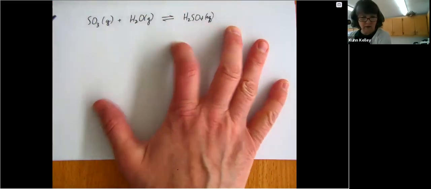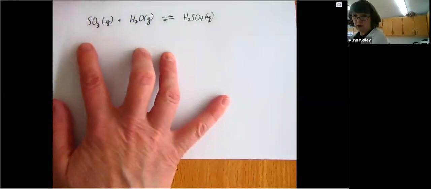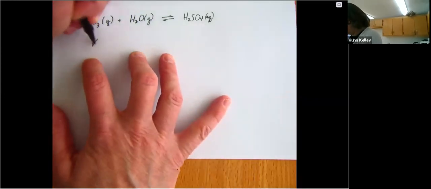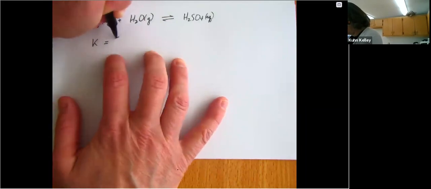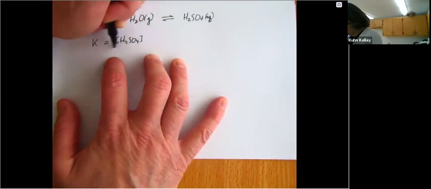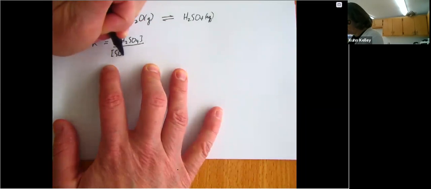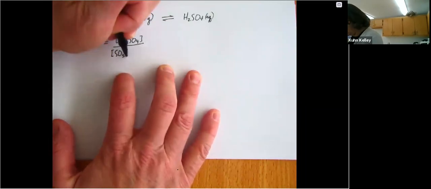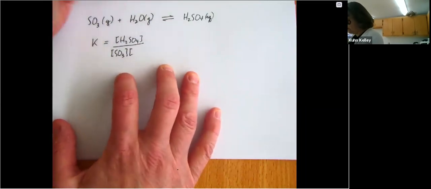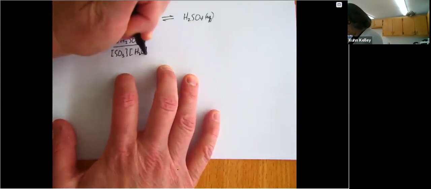But that means that they will all be a part of the equilibrium expression. So our equilibrium expression is the concentration of our products, which in this case is H2SO4. So that'll go on top. And then we're going to divide that by the concentration of our reactants. Now in this case, we don't have any coefficients, so we don't have to raise anything to a power.